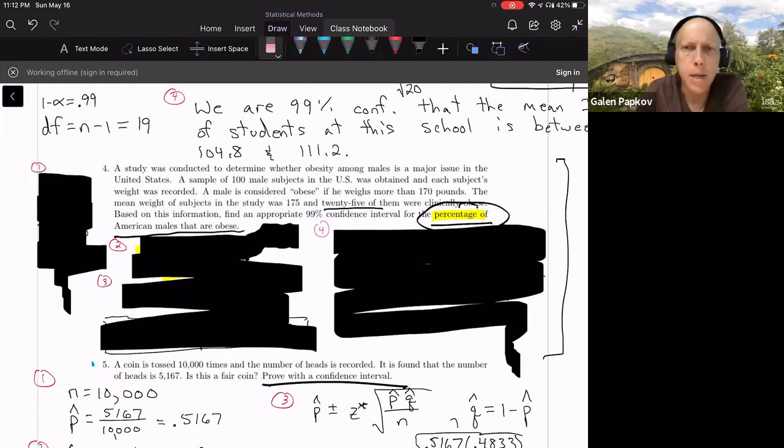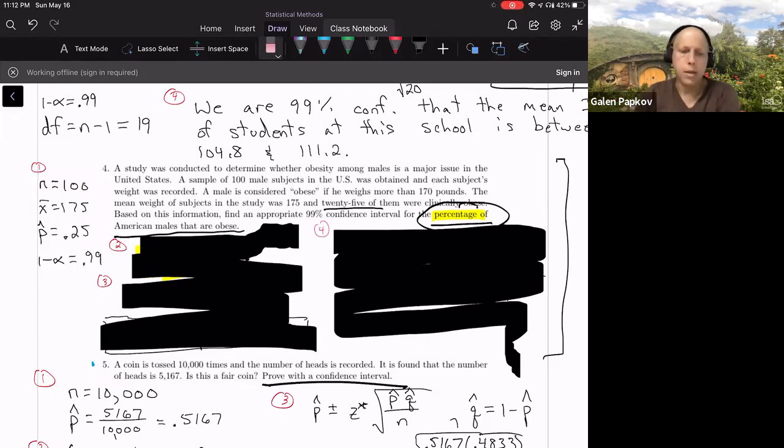So if I'm letting p hat be the sample proportion that were obese, that's going to be 25 out of the 100 or 0.25. And 1 minus alpha is given in the last sentence, that is 0.99. So there is our summary.